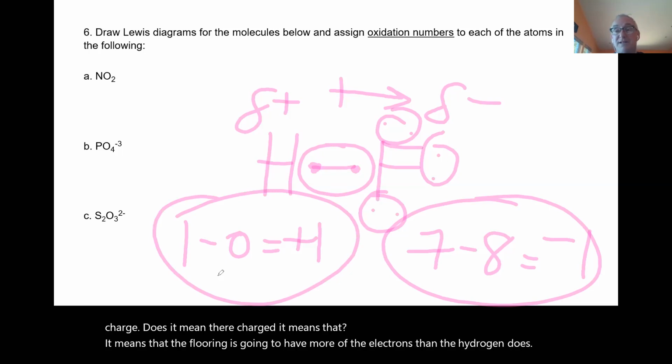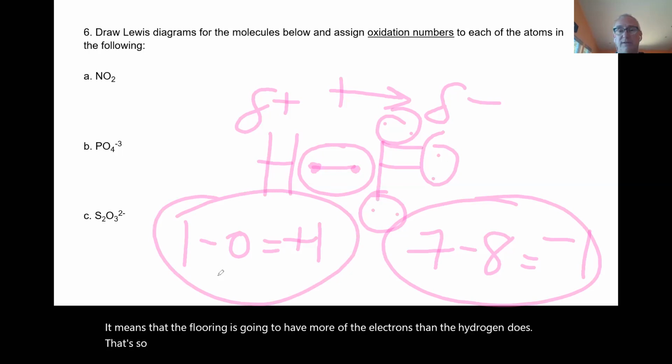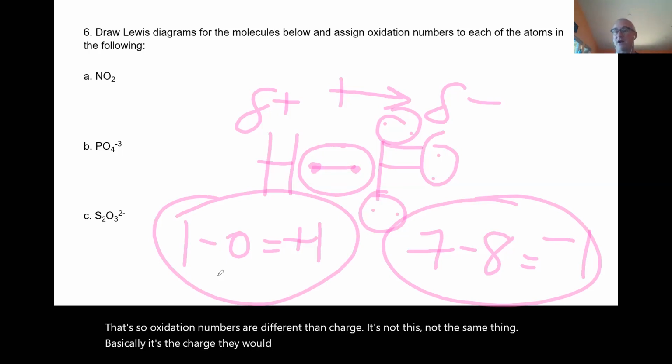So oxidation numbers are different than charge. It's not the same thing. Basically, it's the charge they would have if it was an ionic compound, but it's a covalent compound.